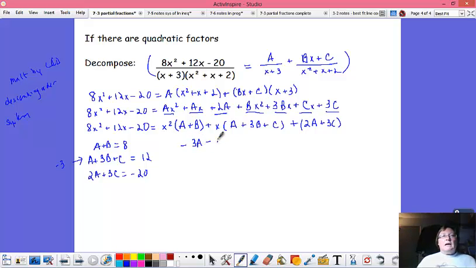Okay, so I'm going to go ahead and do that. -3A minus 9B minus 3C will equal -36. And we want to join that with this one. 2A plus 3C equals -20. And what we'll end up with there is -A minus 9B equals -56.